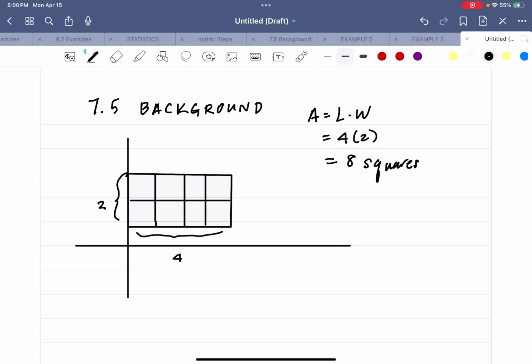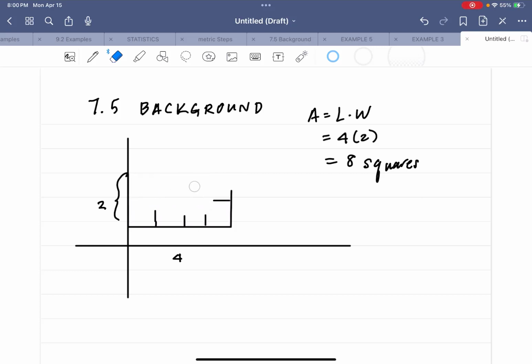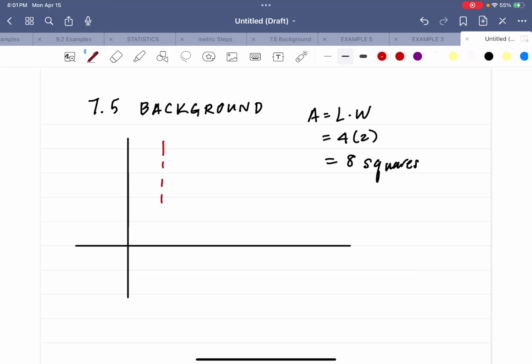Okay. So let me take that same rectangle and put it in the coordinate plane, between two vertical lines. Let's say that's at x equals 2 and x equals 6.